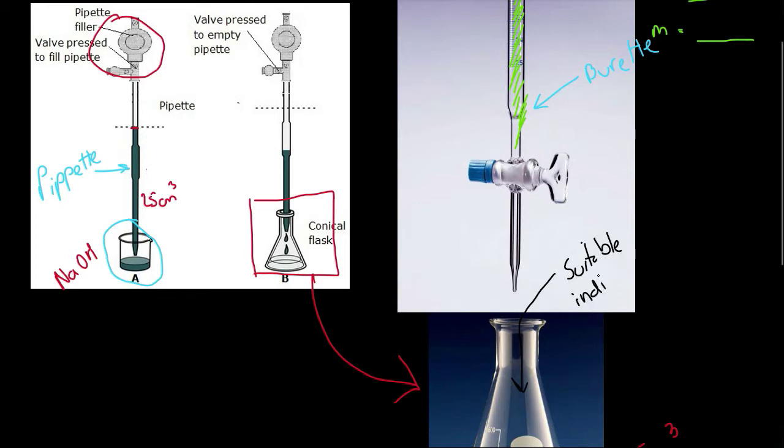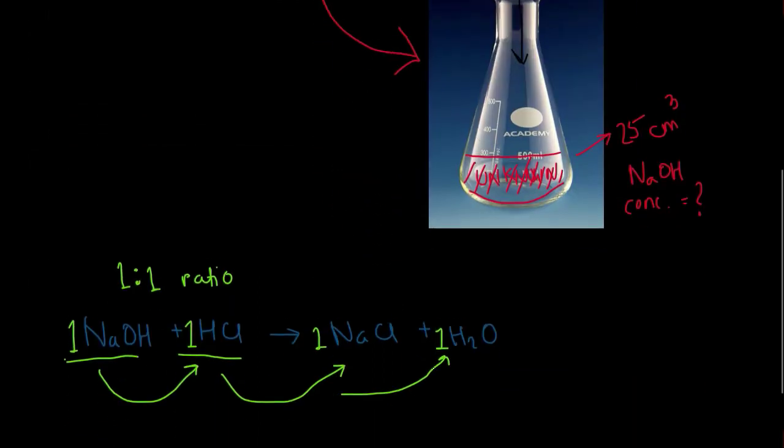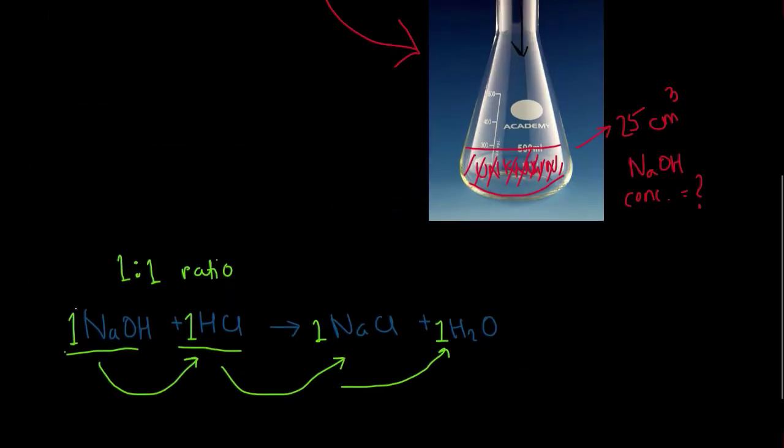What this suitable indicator is going to do is signal when you have the required amount of each of them, that means when you have the equal amount of each of them, the amount that's needed for them to completely react with each other is present.